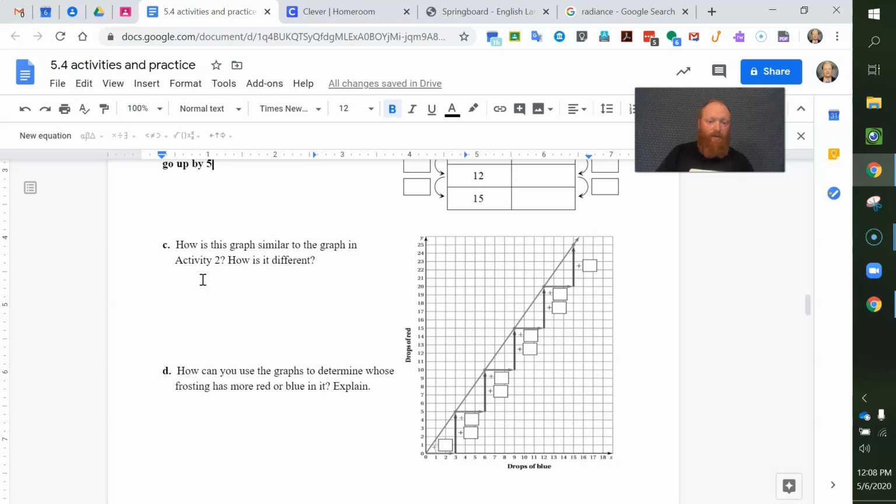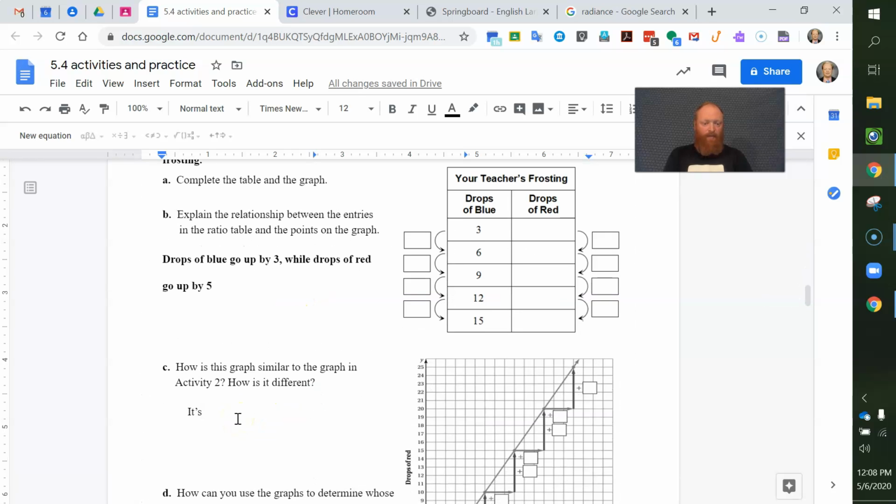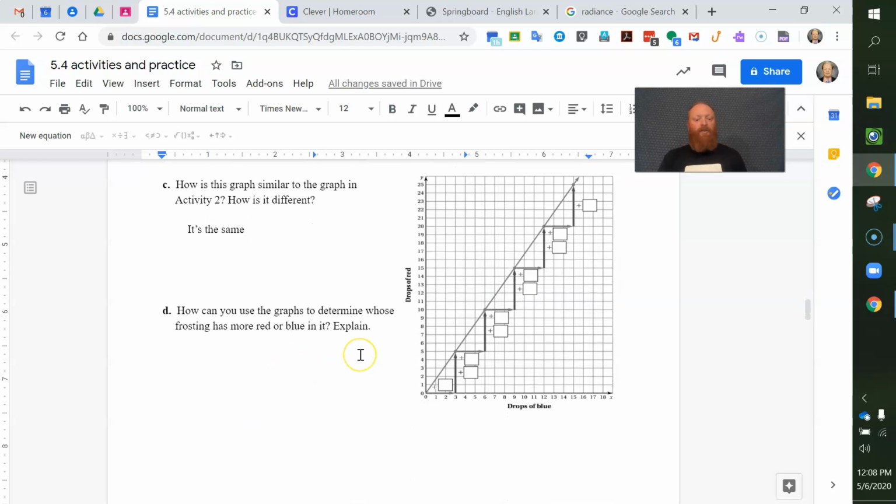Okay, so how is this similar to the graph in activity 2? How is it different? And now we don't have this here, but it's the same. How can you use the graphs to determine whose frosting has more red or blue in it?